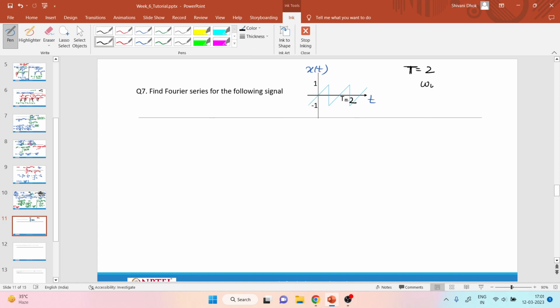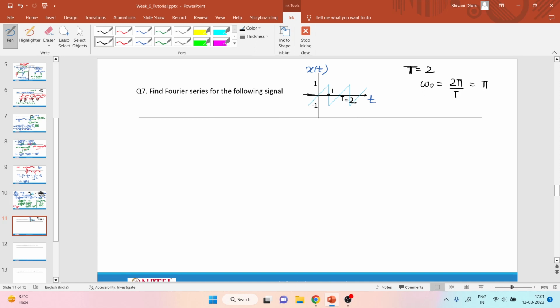Then my angular frequency omega naught is equal to 2 pi by T, which is 2 pi by 2, which is equal to pi. This is T by 2, which is equal to 1.